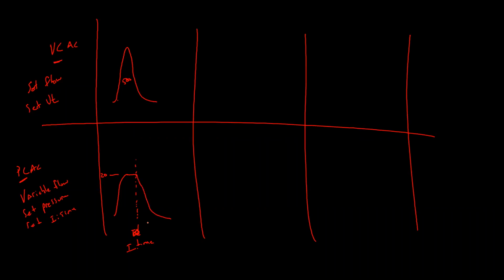Okay, so differences between these two: you can see the I time is a difference for certain. This is a set flow. Up here at the top is like breathing through a straw. This gives you whatever flow you want, and pressure equals whatever is set.